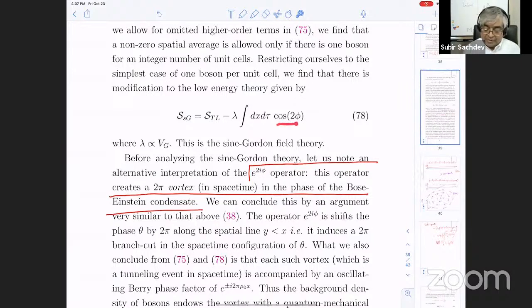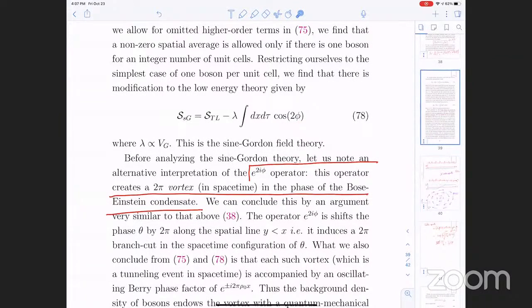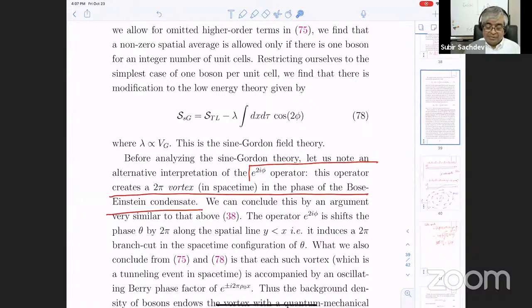So these vortex, anti-vortex fluctuations appear. E to the 2i phi is a vortex, e to the minus 2i phi is an anti-vortex, and they all start appearing. And now the interpretation of the RG is there's some region where these vortices just disappear. There are very few of them. And that's the Luttinger liquid. That's the superfluid phase, or the quasi-superfluid, if you want to call it that.